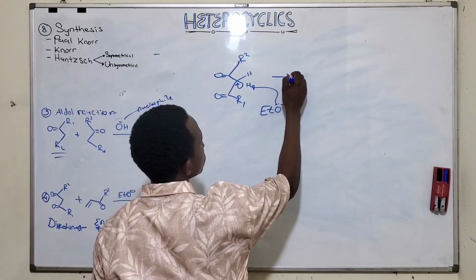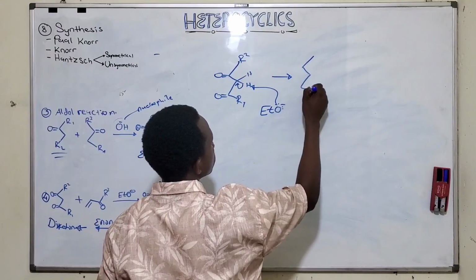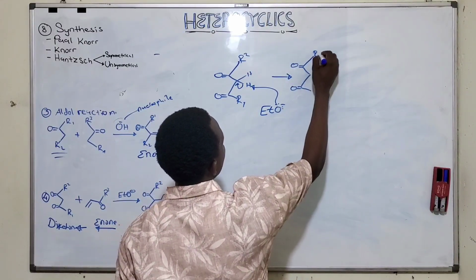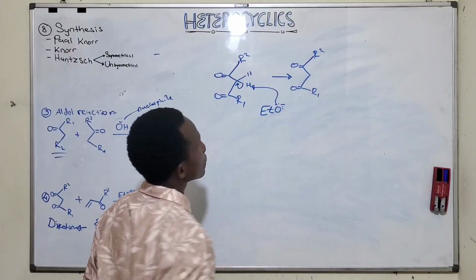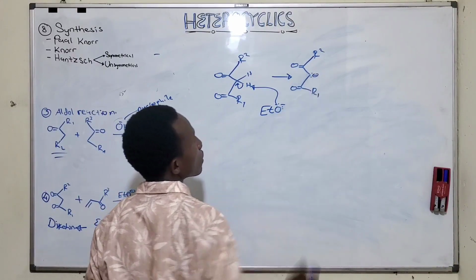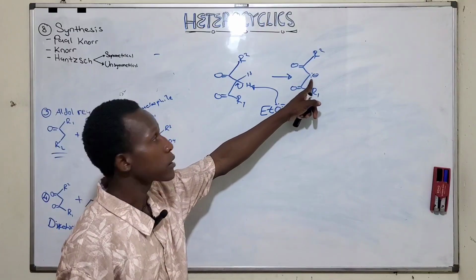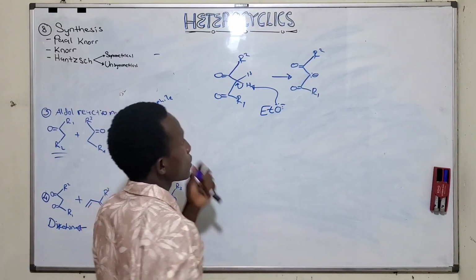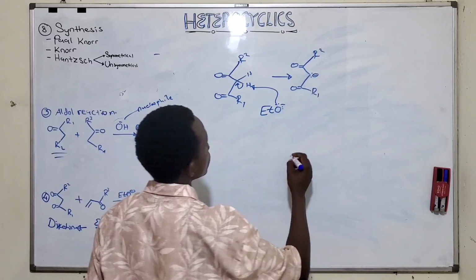So we shall have this, R2, R1. So we shall have lone pairs here. So this one is a nucleophile. It has a lot of electrons.